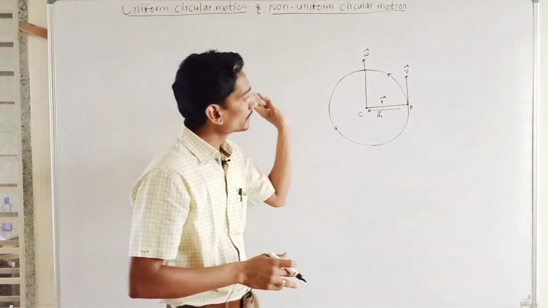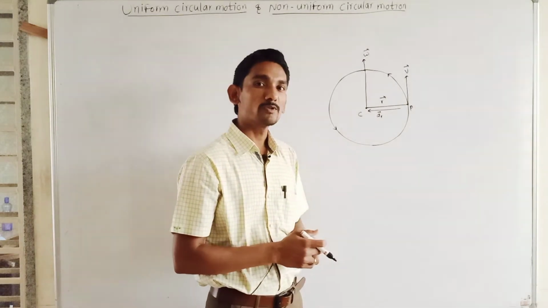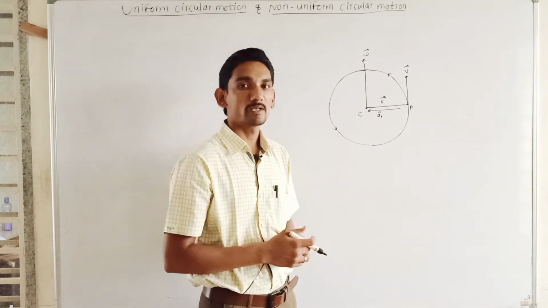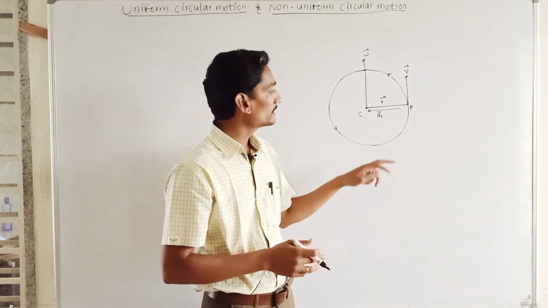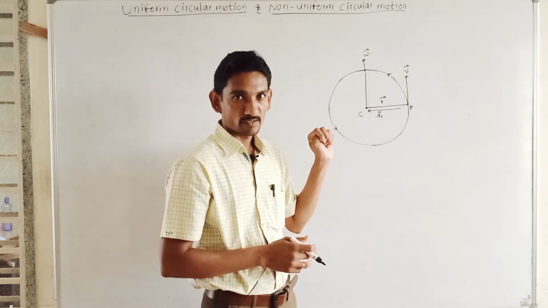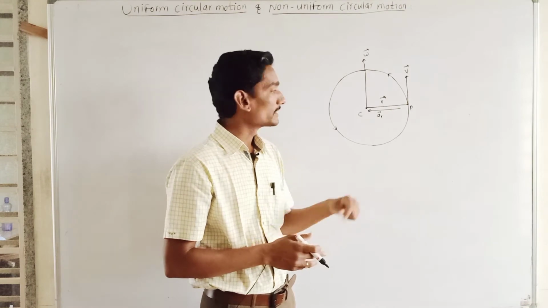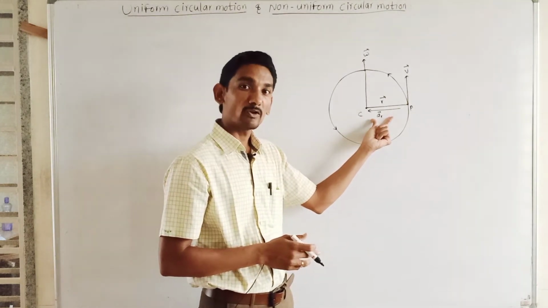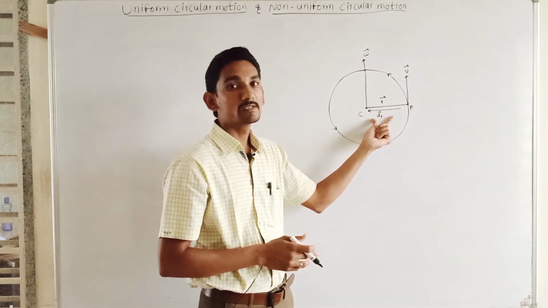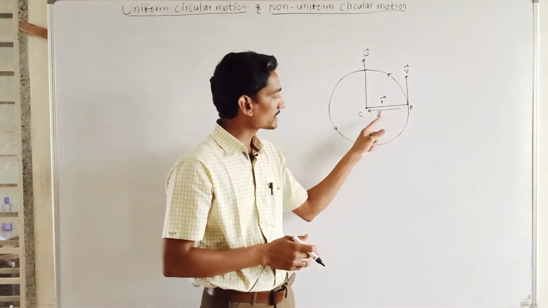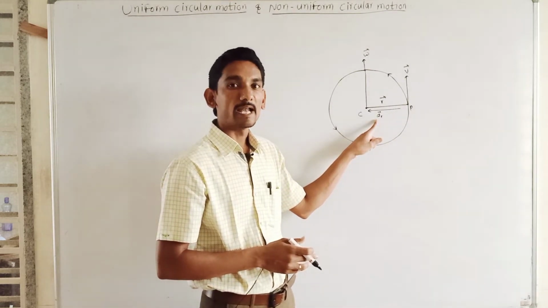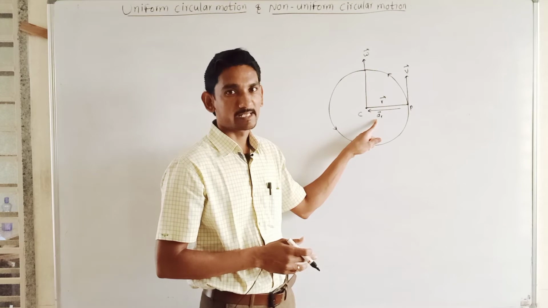Then what is the factor which is responsible for the uniform circular motion? That is the acceleration. In uniform circular motion, the acceleration is along the radius and towards the center of the circle, and therefore that acceleration is called the radial or the centripetal acceleration.